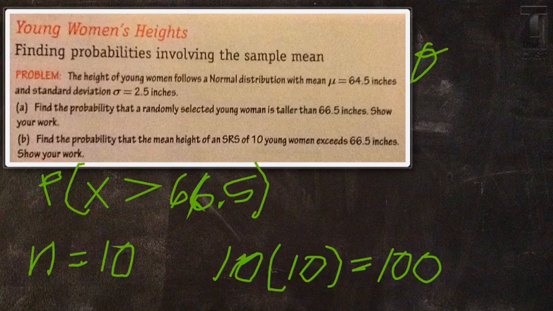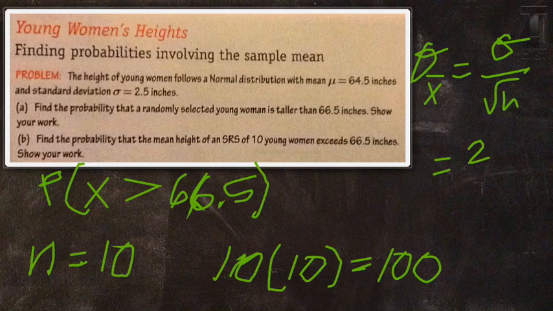So we know the standard deviation of x bar is equal to the standard deviation of the population divided by square root of n. Standard deviation of the population was 2.5. Square root of n would be square root of 10, leaving us with the standard deviation of this sample to be 0.79.